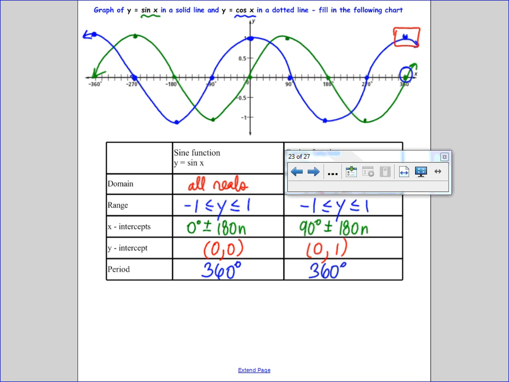Think about our Ferris wheel model, and why would it make sense that the period of these functions would be 360 degrees? What's special about that 360 degree number? What does that 360 degrees have to do with anything?